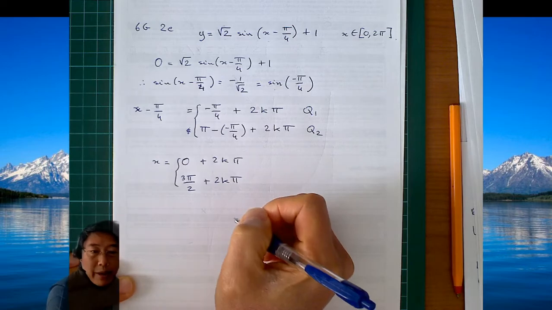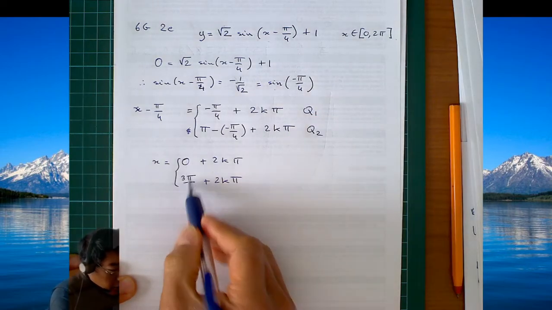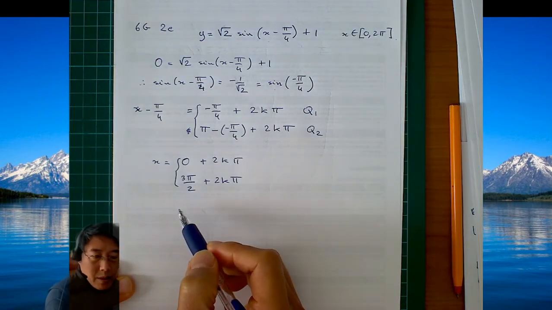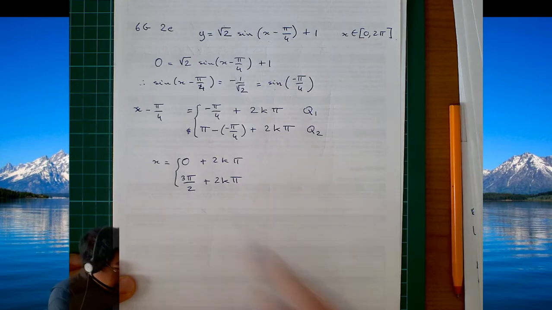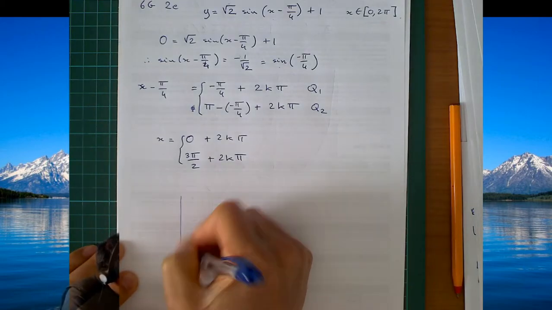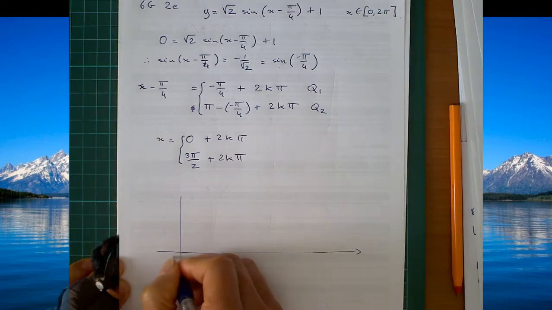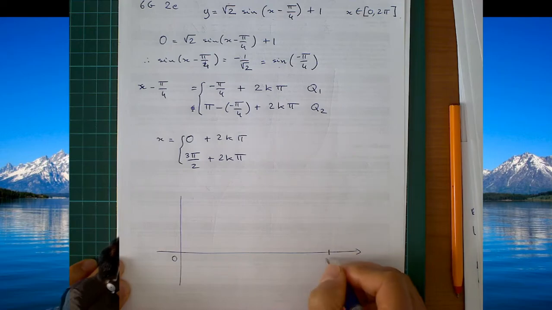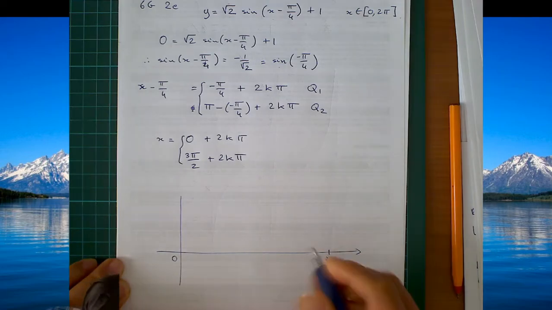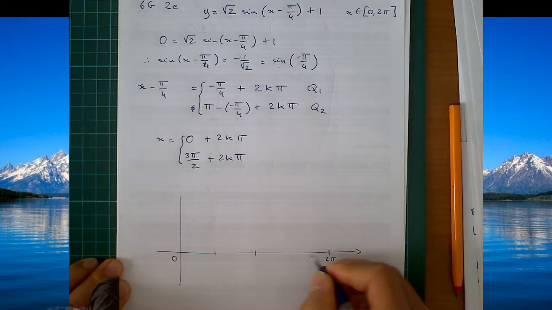Okay, so now over the interval 0 to 2π, those are the only two x-intercepts that we have. Okay, so now you can do this. Alright, so we're going to go from 0 to π. π is in the middle, π/2.